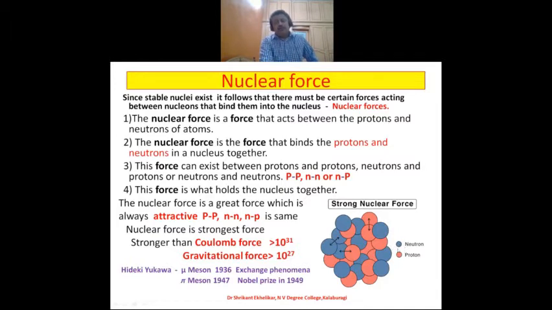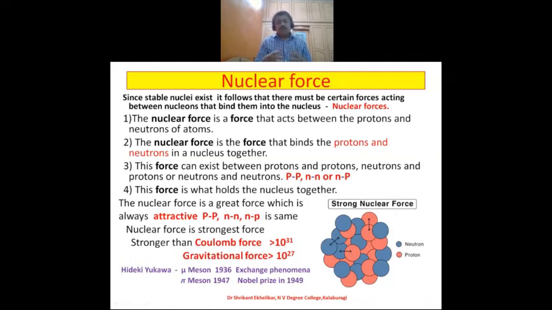The blue ones are neutrons, the red ones are protons. You can see that there are two protons very close to each other, two neutrons close to each other, and a neutron and a proton also tied together.